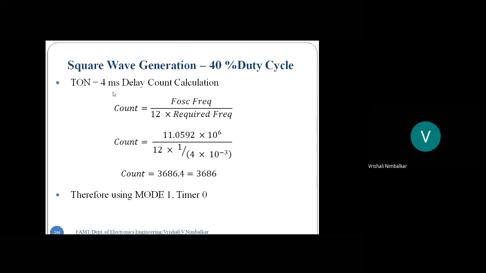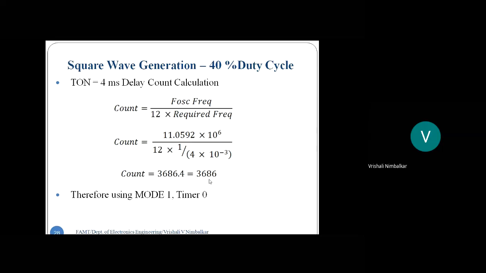It cannot give you a delay of 4 milliseconds. You have to go for mode 0, mode 1. Mode 2, mode 3 not applicable. Is that okay, students? So from the count also you can decide which mode is applicable to us. Right? So now in our case we are selecting mode 1. In mode 1 the maximum count is 65536. So then these many clock pulses can easily be counted.